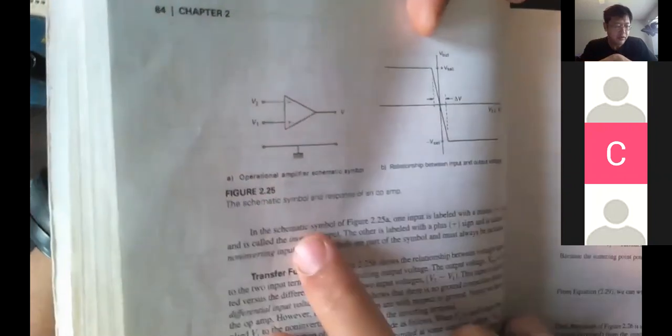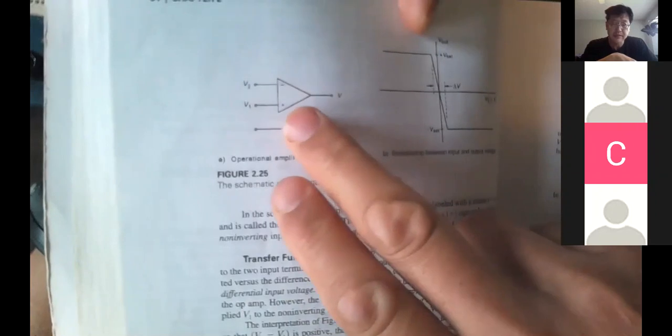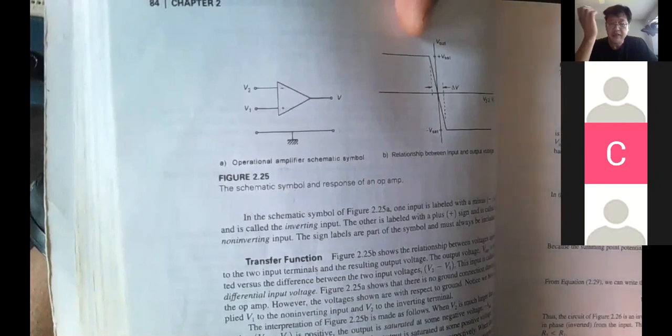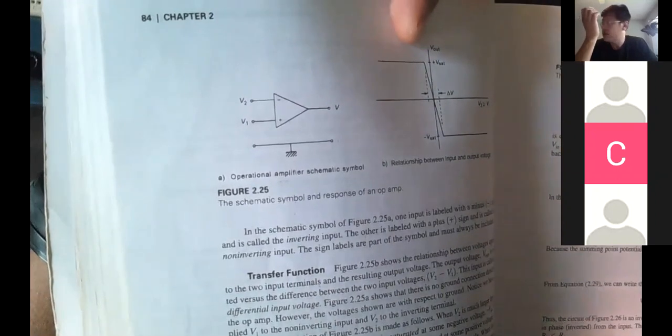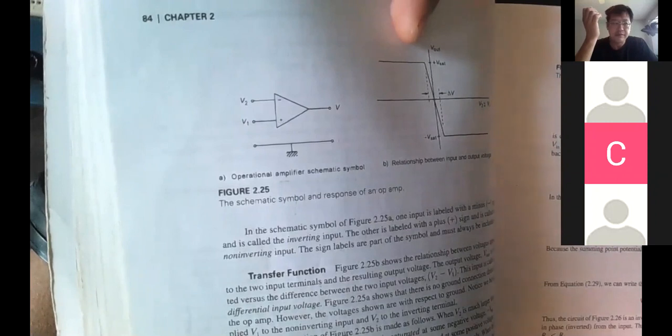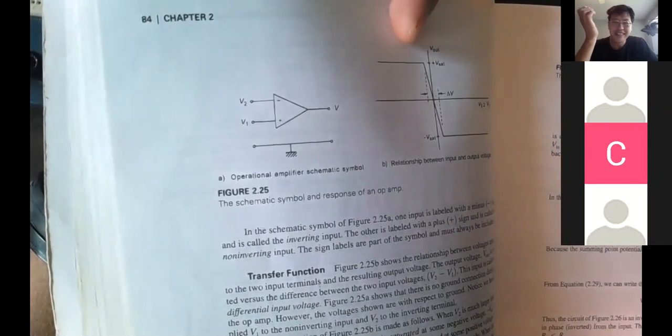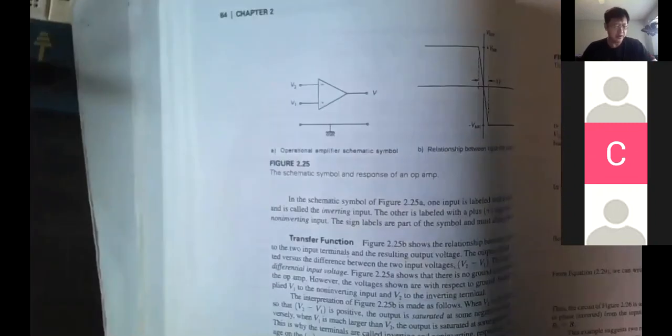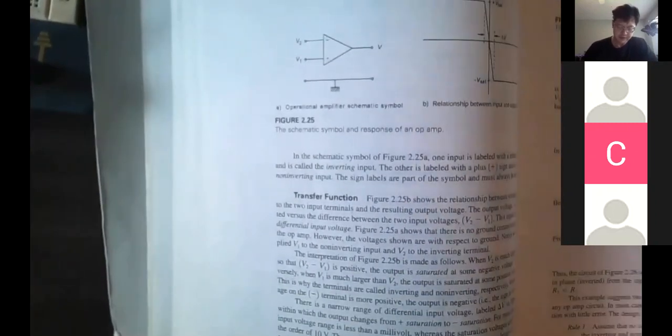So you spend two semesters on this little device. Instead of spending two semesters here, we will spend 10 minutes, so obviously we will just have a very, very brief introduction.